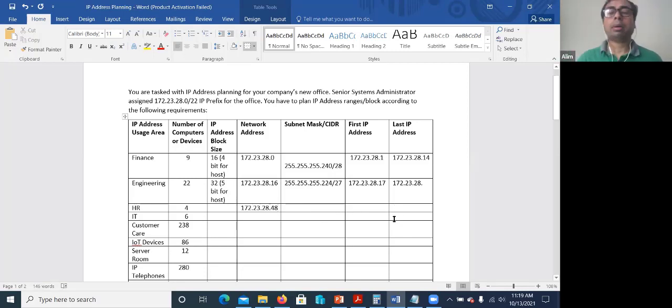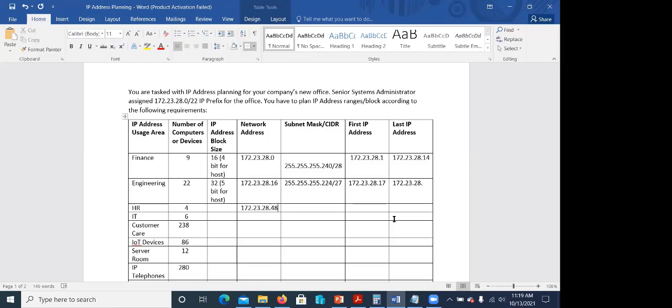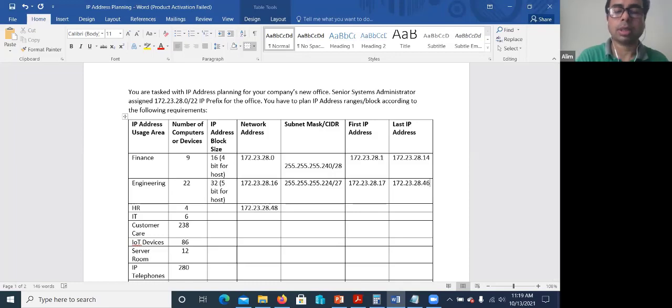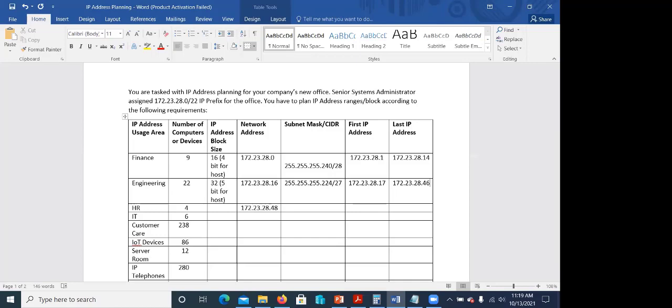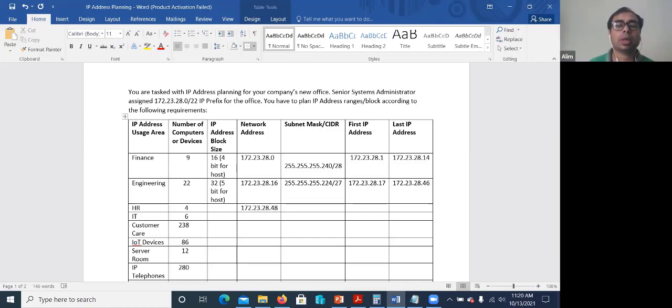Then what about 47? Can you use 47? No, 47 is the broadcast. Right. Okay, so you use 46. In this way you will get all the networks.